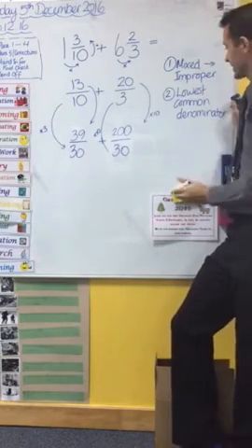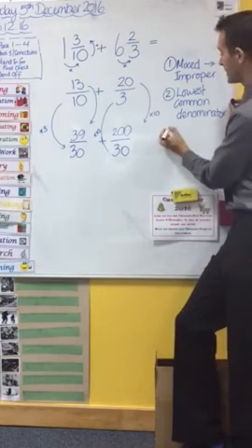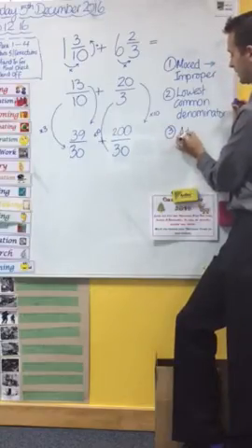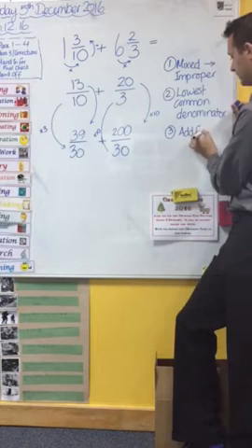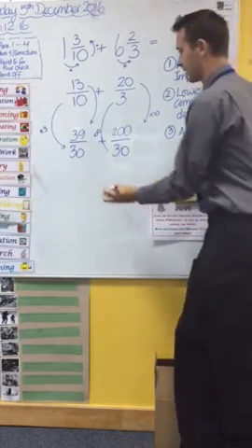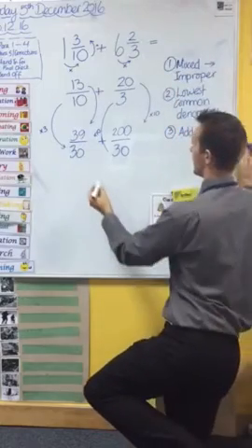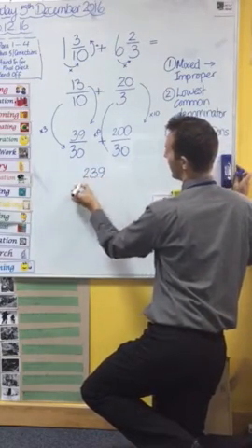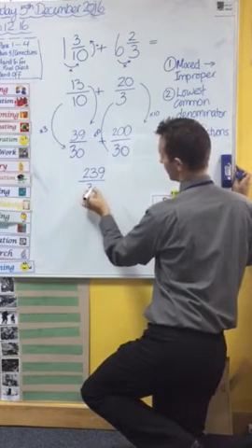And then our last step, in fact our step before the end actually, our third step is to add the fractions together. And in this example we're going to have 39 add 200 makes 239 over 30.